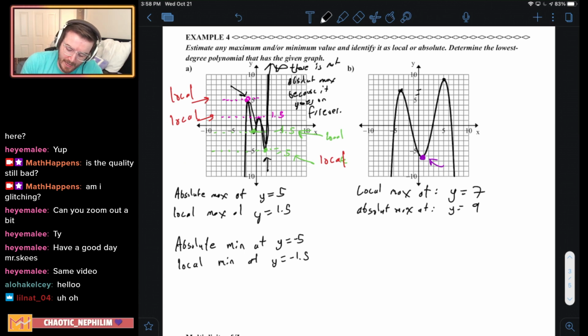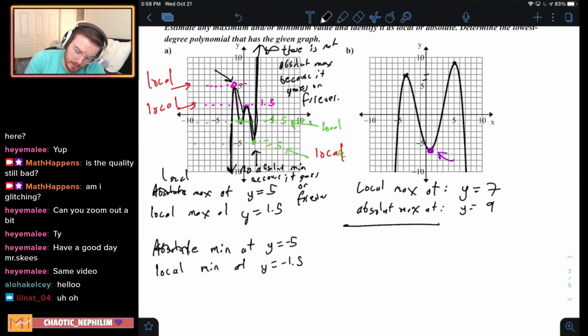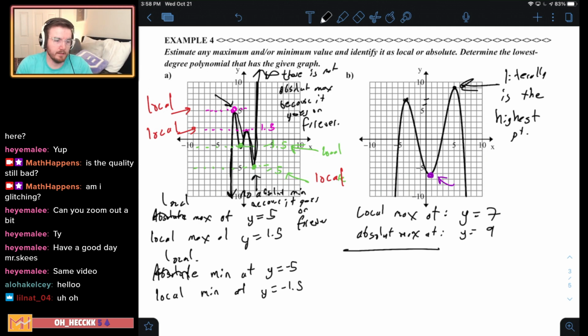So I'm not wrong about the absolute max over here, by the way. And there is no absolute min because it goes on forever. Okay? So these are both local. Over here, though, this literally is the highest point, right?